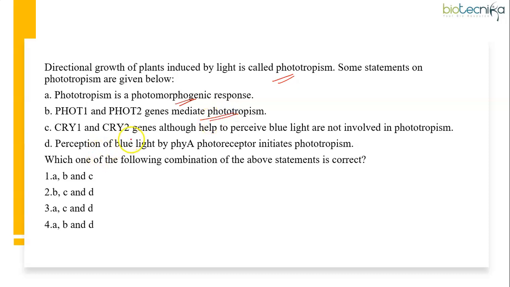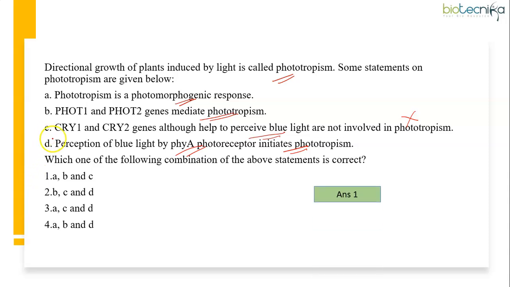Cry1 and Cry2 genes help to perceive blue light, but they are not involved in phototropism. Perception of blue light by phytochrome A photoreceptor initiates phototropism. So, it is all about your phototropic event, that is movement towards the light. You have to identify the correct combination of statements here.